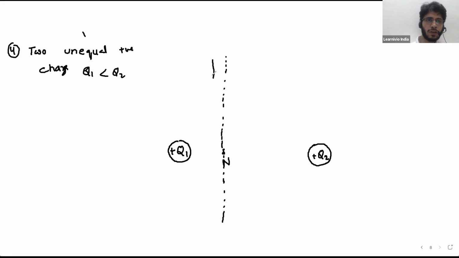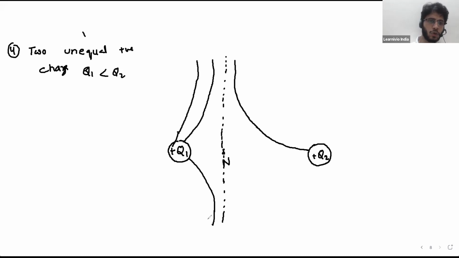Now if I draw the field lines here, just keep in mind that Q2 should have more field lines than Q1, and your field lines should not pass through the neutral point.